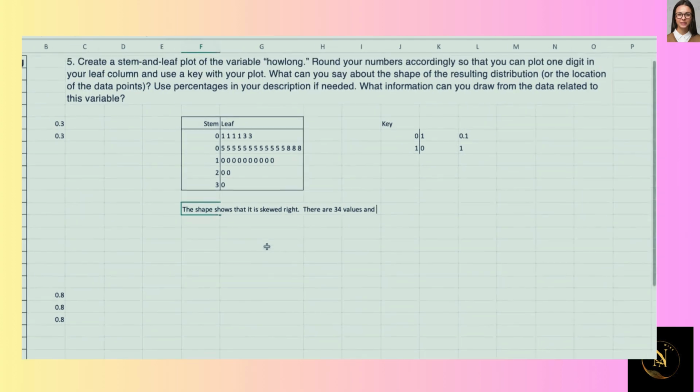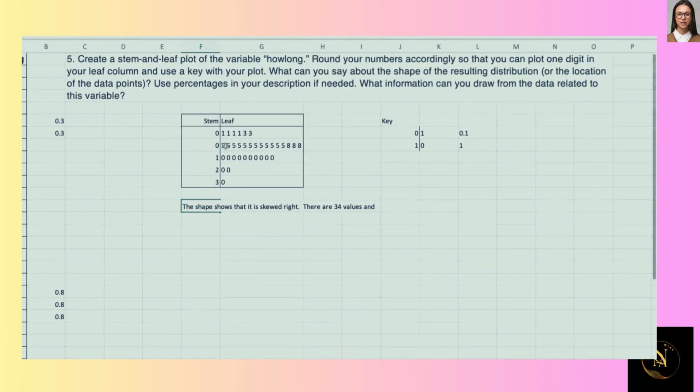And 1, 2, 3, 4, 5, 6, 7, 8, 9, 10, 11, 12, 13, 14, 15. And 15 out of 34, because it said percentages, 15 divided by 34 is 44%.